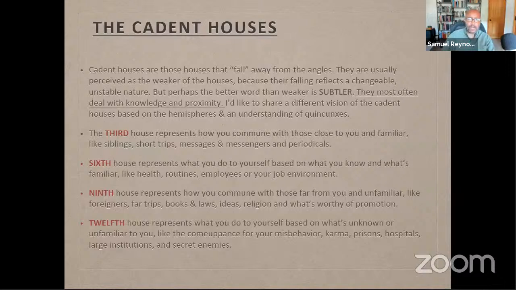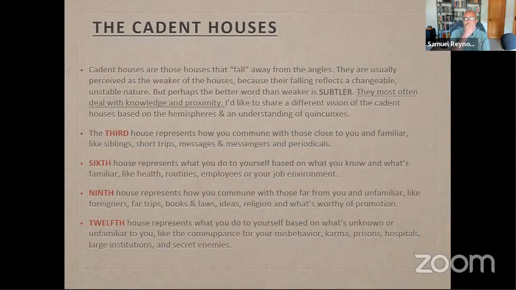Cadent houses are those houses that fall away from the angles. Why? Because the word cadent comes from the Latin root cadere, which means to fall. And it's part of words that we already have in English. One of them is cadaver, which means a fallen person, a dead person. The other one is accident, which is something that happens.